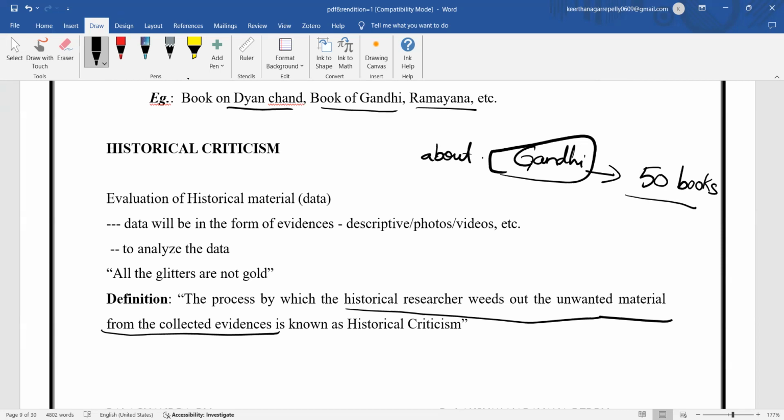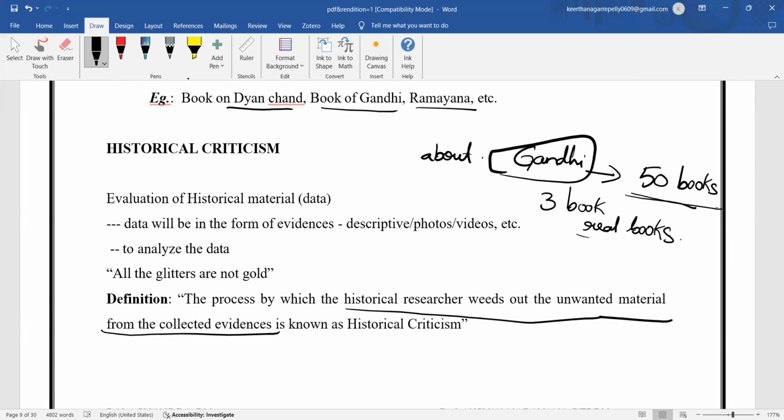So as you came to know, there are 50 books. After reading the 50 books, you came to know that only 3 books really looked into Gandhi. The real books are those by people who observed Gandhi very, very closely, and they wrote the books.